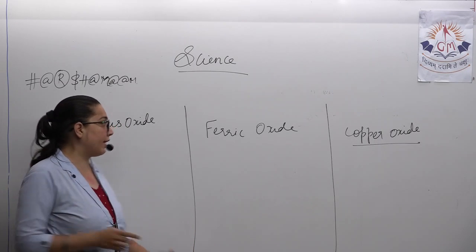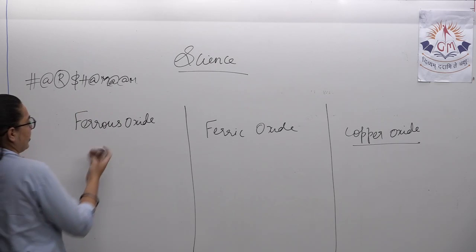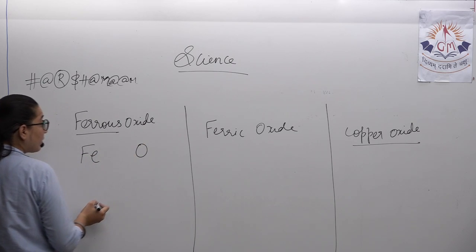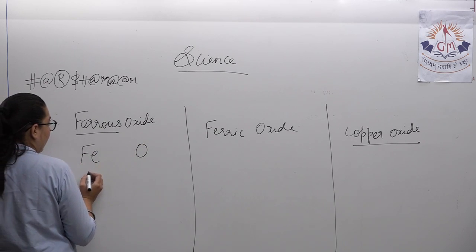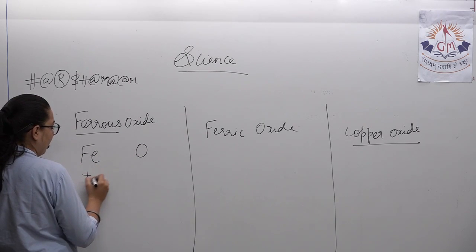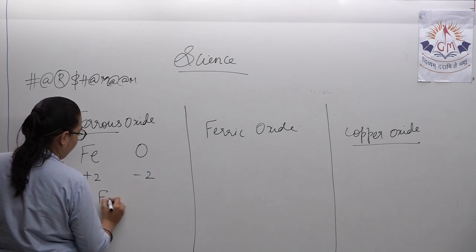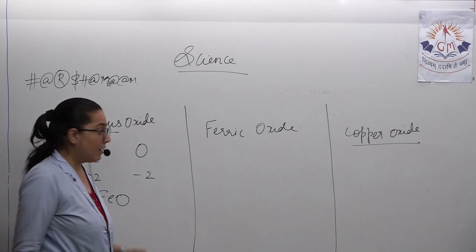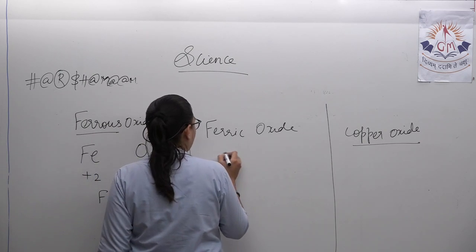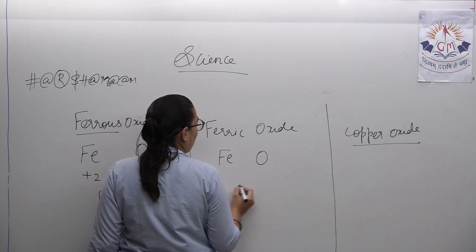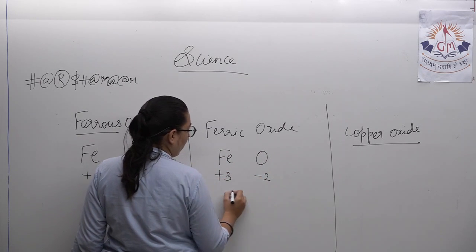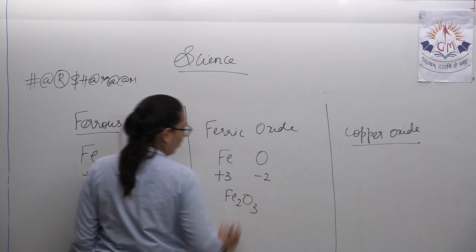Try to recall, we have already discussed. If it's ferrous, then it's Fe, oxide O. Ferrous Fe plus 2, oxide minus 2, it's FeO. Ferric oxide, that is iron, oxygen, plus 3 minus 2. It will be Fe2O3.